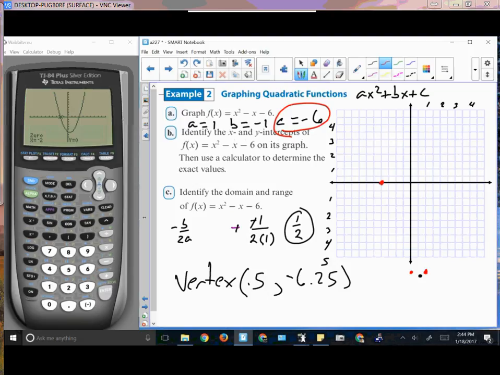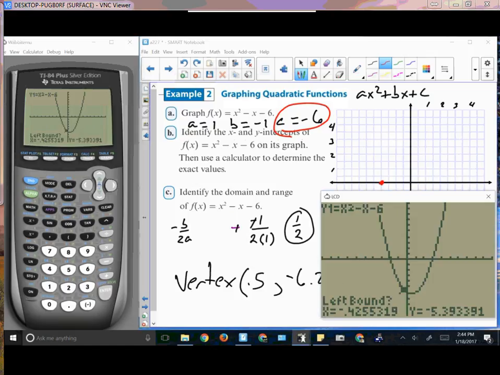Check that. Second, calc, 0. Which other 0 did I say it was? We got to go over here, right? So okay, around over here now. Enter. On the left side of it. Right side of it, more. Right there.